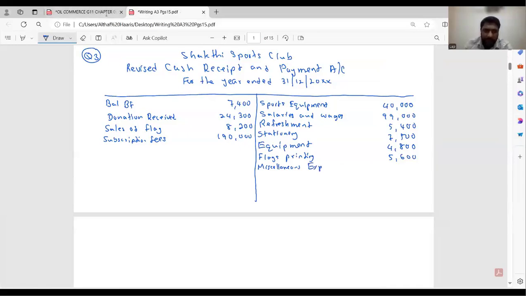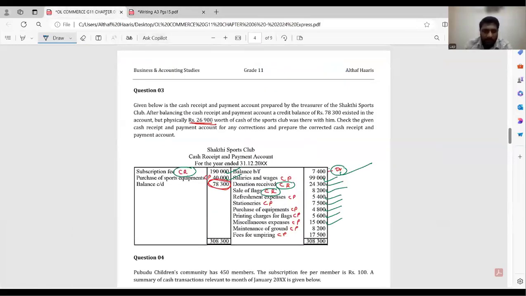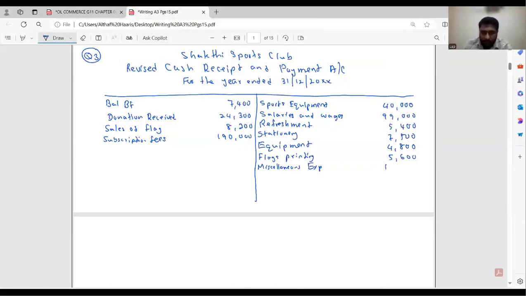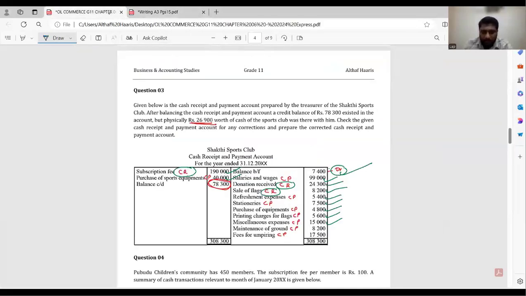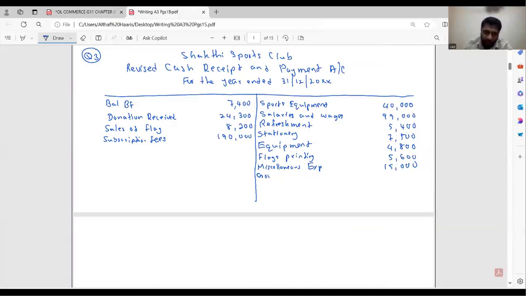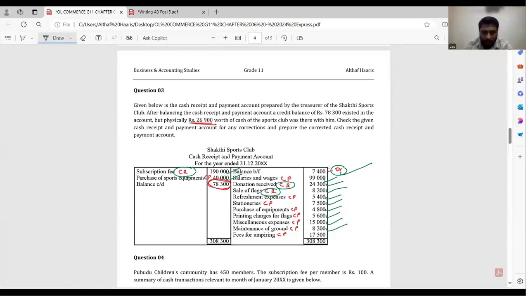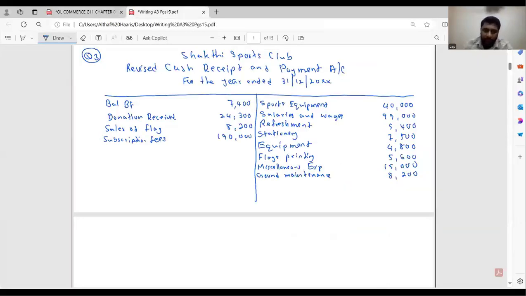Miscellaneous expenses 15,000. Ground maintenance 8,200. Umpire fee 17,500.